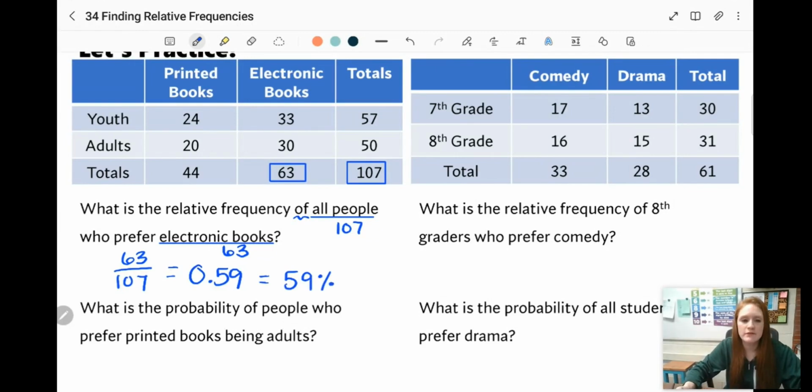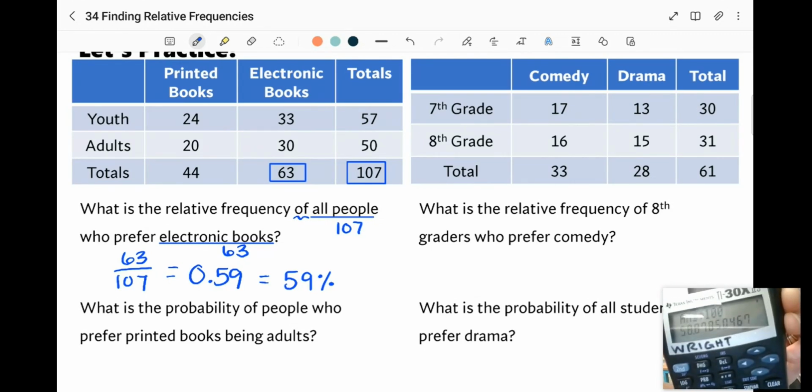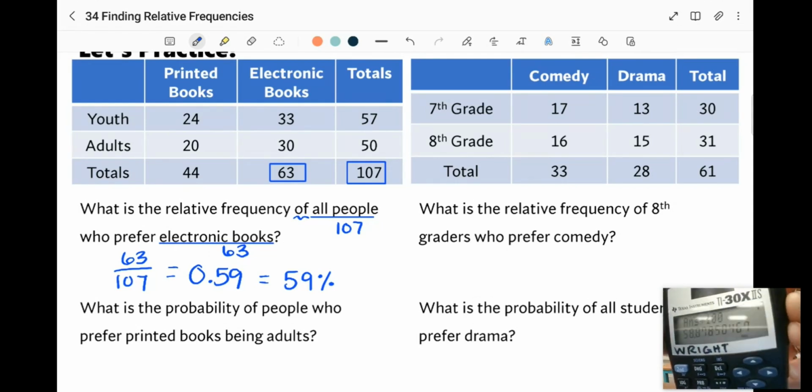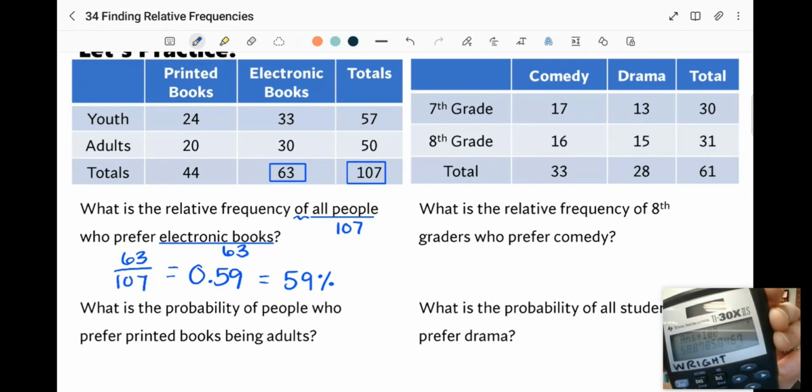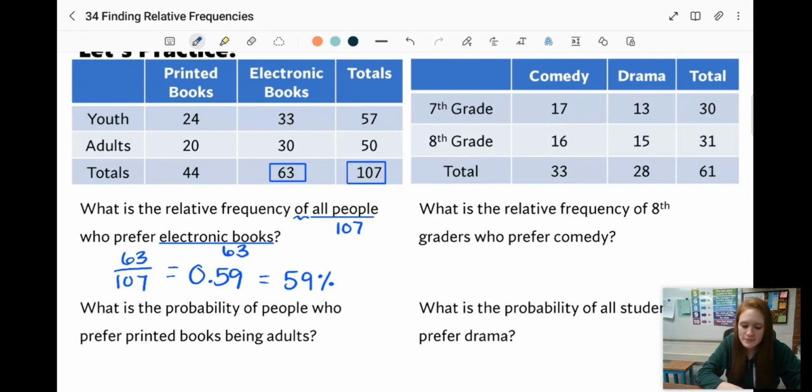Okay, so we're just kind of losing that decimal and getting 59. Some people like to be a little more accurate and they could say 58.9, going one more decimal. Like if you look, it would be 58.87, so we would do 58.9, maybe being a little more accurate.